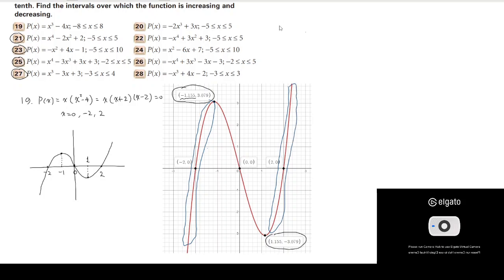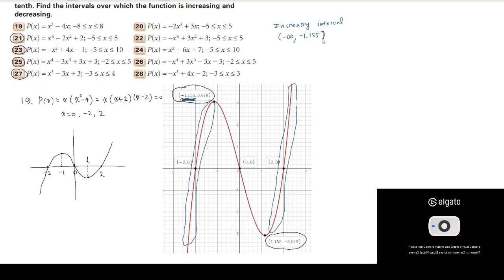So for the increasing interval, you have to write down, okay, it's from negative infinity to what? This value right there, negative 1.155. Okay, you can either use a round parenthesis or a bracket.